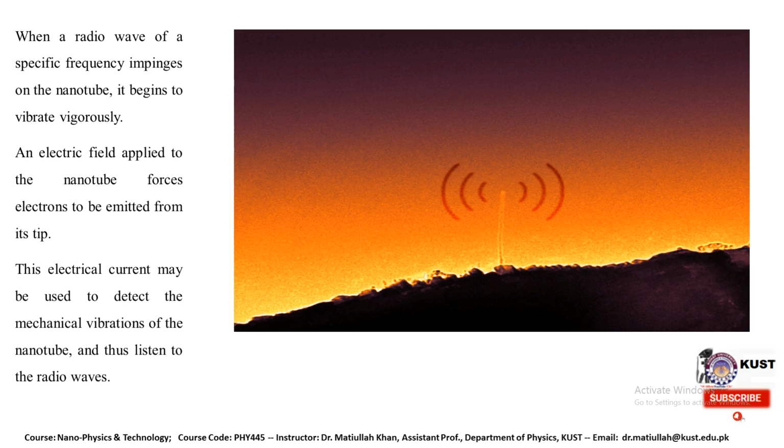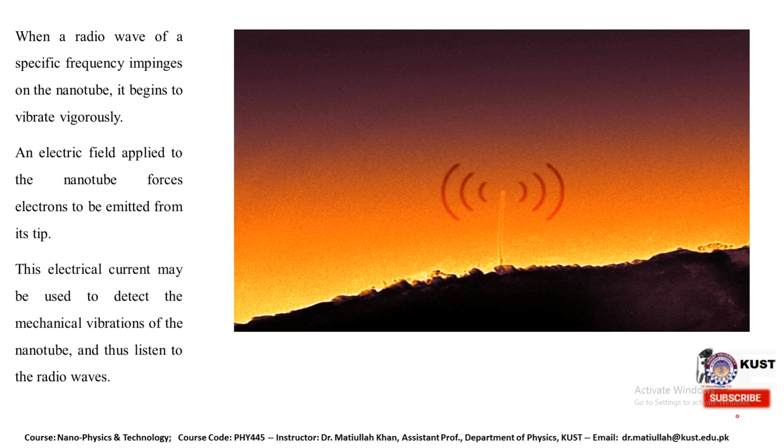Moreover, carbon nanotubes are used when a radio wave of specific frequency impinges on the nanotubes, it begins to vibrate vigorously. So an electric field applied to the nanotube forces electrons to be emitted from the strip.